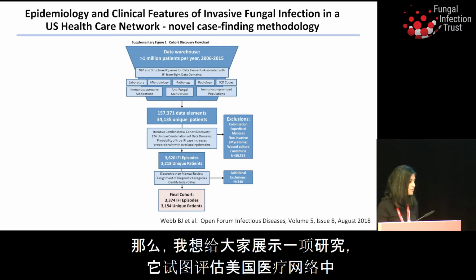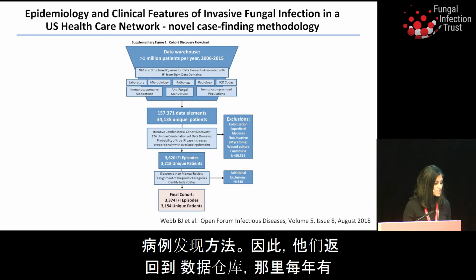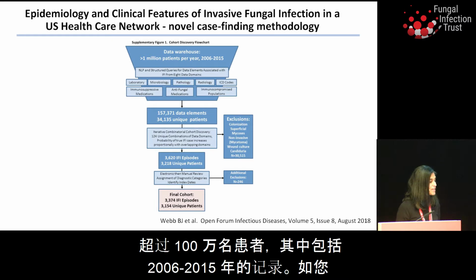I would like to show you a quite new study which tried to estimate the epidemiology and clinical features of invasive fungal infections in a US healthcare network. They used a novel case-finding methodology. They went back to their data warehouse, where they have more than 1 million patients per year, and included records from 2006 to 2015.